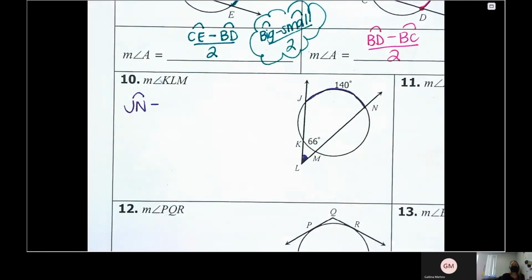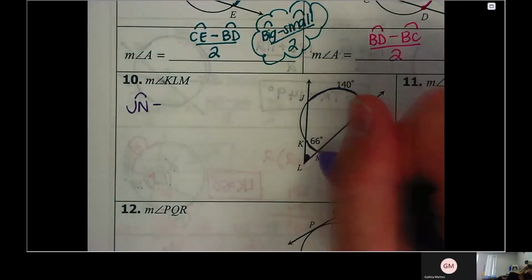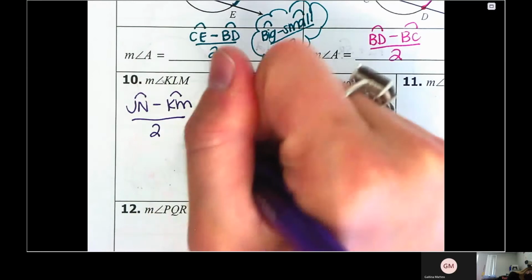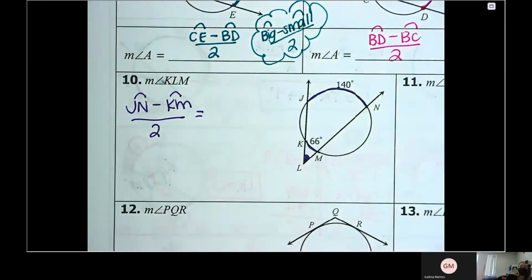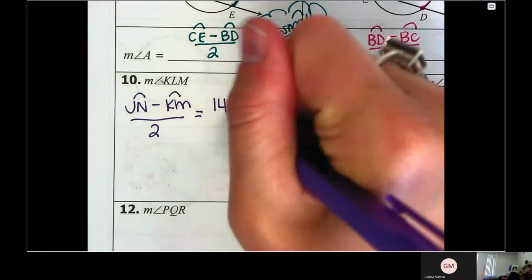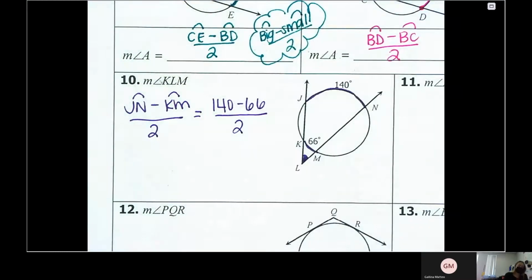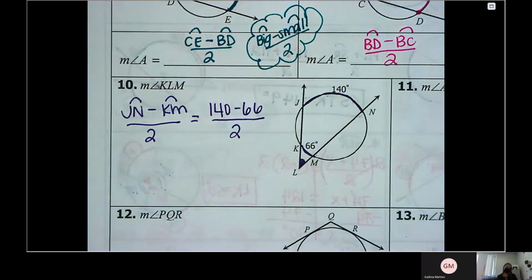Minus, what's the small arc? KM. And divide by 2. Big arc minus the small arc divided by 2. So 140 minus 66, and then divide by 2.